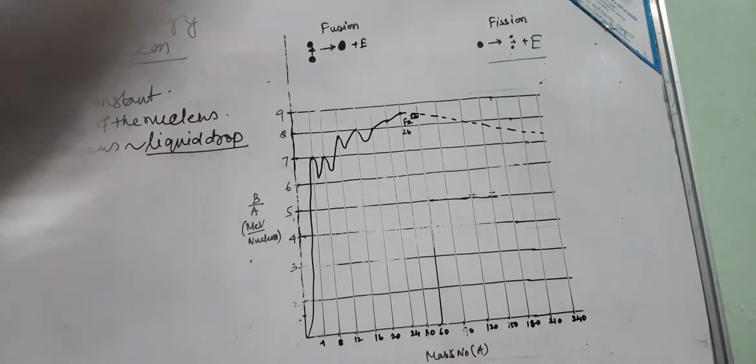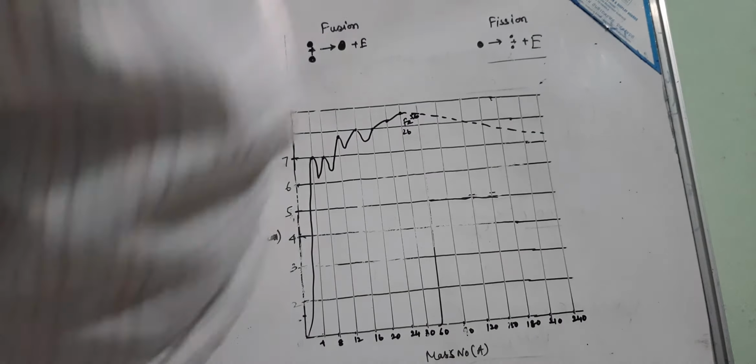So for low mass numbers we get a few peaks, at around 30 it becomes maximum, and as you gradually increase the mass number, the binding energy per nucleon gradually decreases.